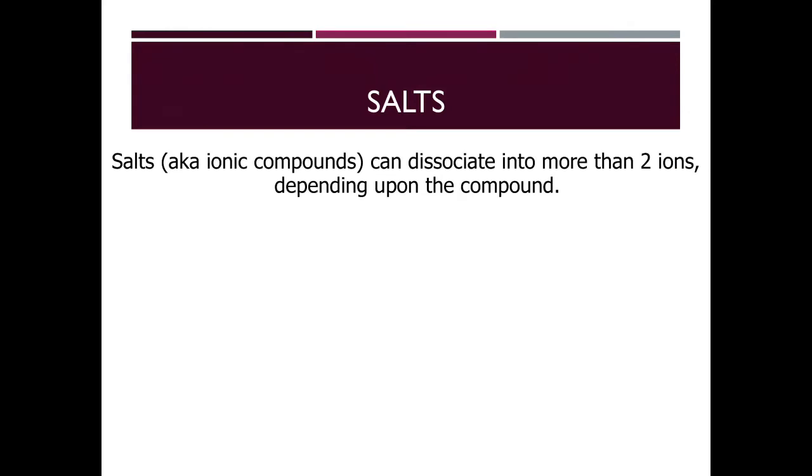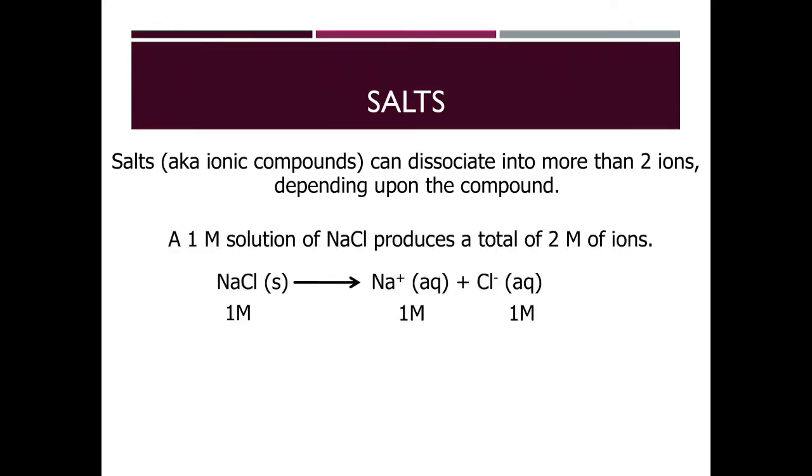So if I put 1 mole of sodium chloride into 1 liter of solution, yes, it makes 1 molar sodium chloride, but it's not 1 molar of ions because each one of those sodium chlorides breaks into 1 sodium and 1 chlorine. So yes, we put 1 mole of sodium chloride in there, but that gave us 1 mole of Na+ and 1 mole of Cl-. So we actually have 2 moles of ions floating around in that 1 liter of solution.